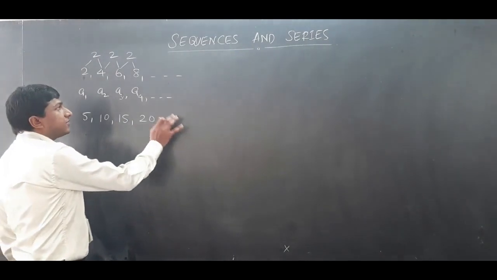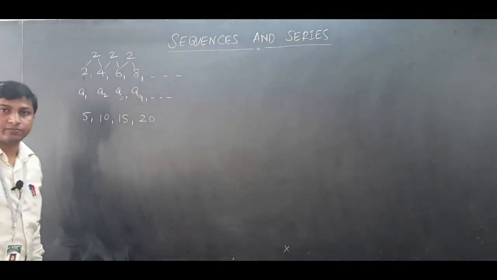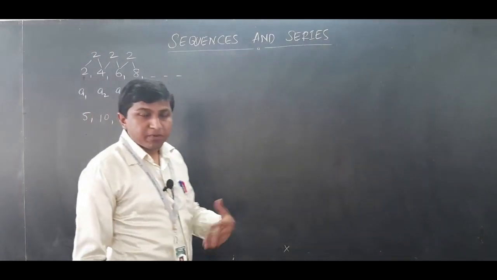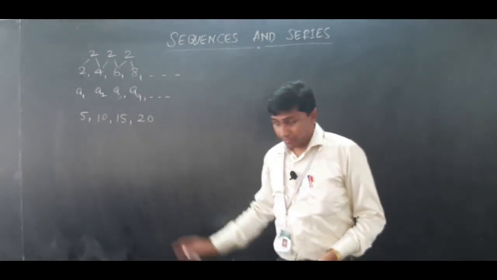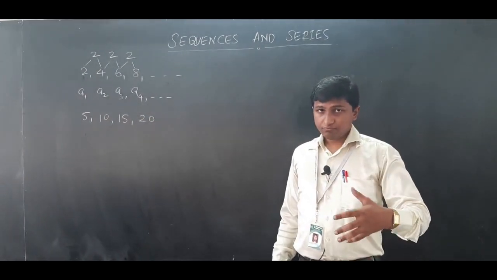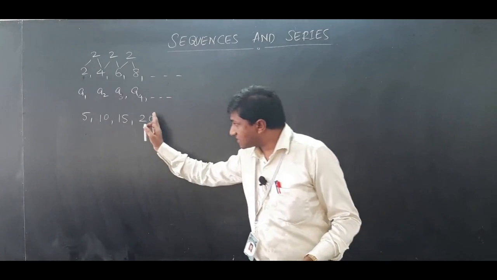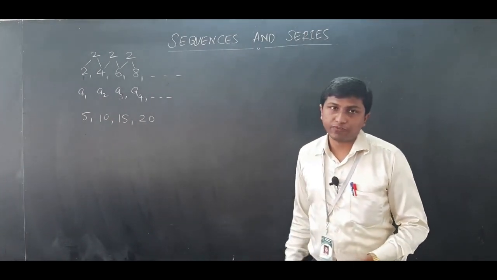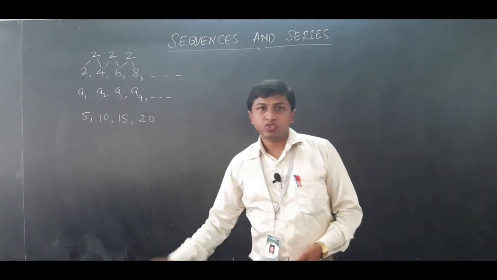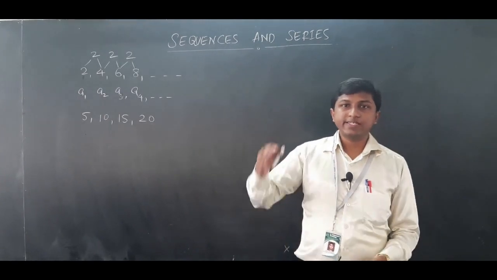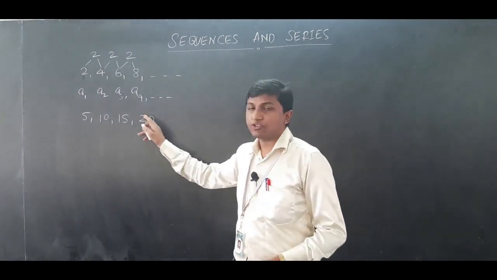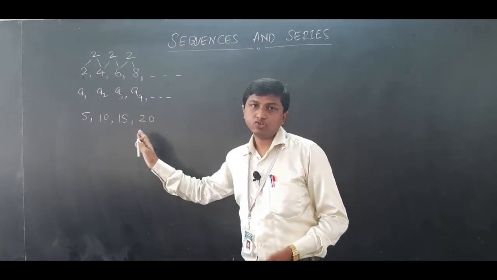I have not written 3 dots after 20. So what does that mean? That means that the last term of this sequence is 20. The sequence is stopping at the number 20.